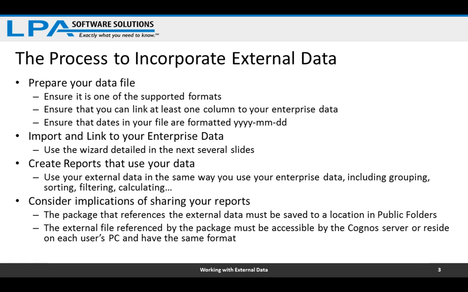So first of all, you need to create a data file. And that data file might be one that you already have that you're working on. The notion here, though, is that it can't be a highly formatted file. So CSV and tab delimited files, they are not inherently a formatted file. But you can imagine that an Excel file could have any number of formats and any number of tabs, for example. The uploader, the wizard, always reads the first tab in the spreadsheet if you use a spreadsheet.